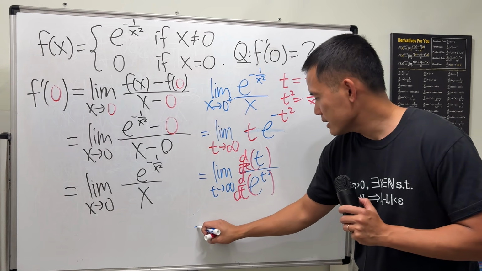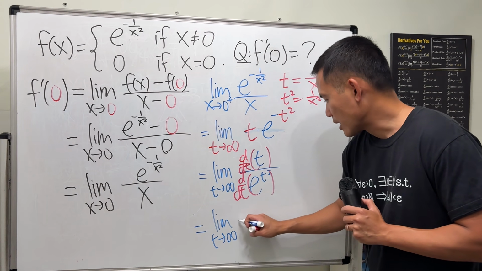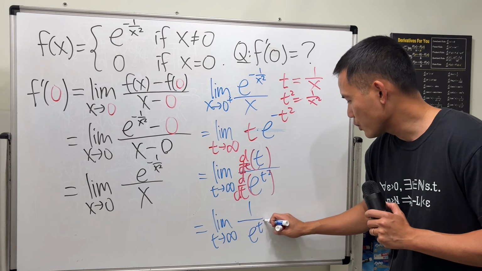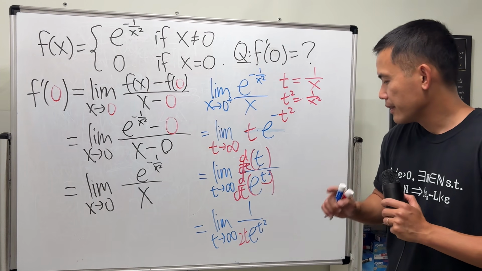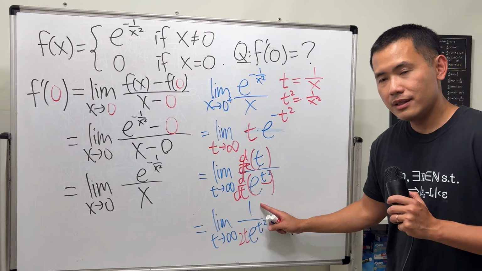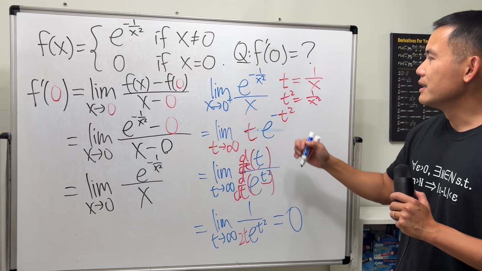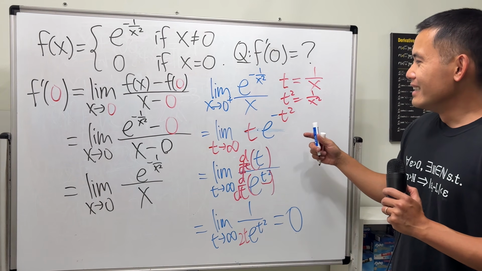So the top is just going to be 1, and the bottom we get e to the t squared, and then use the chain rule here, we have to multiply by 2t. Now, as t goes to infinity, on the top is just 1, on the bottom is infinity, so we get to draw a conclusion, and we see this portion right here will give us 0. So that's good.